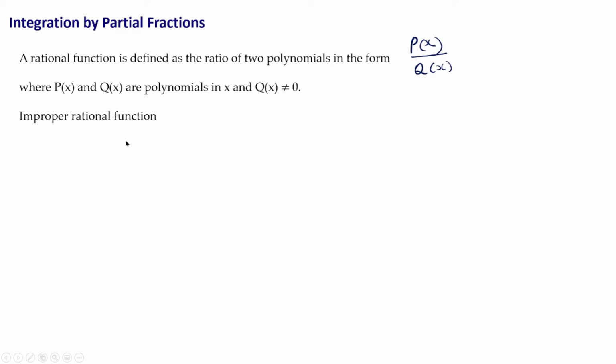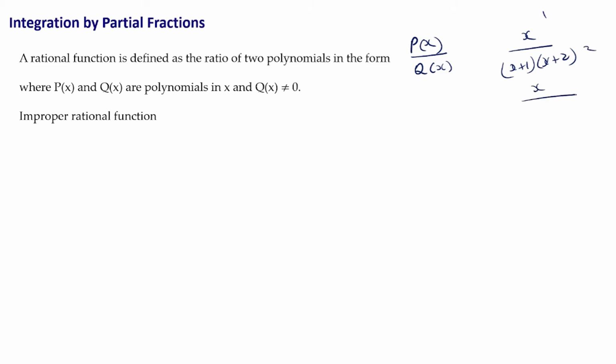One is the improper rational function and the other one is the proper rational function. If the rational function is a proper rational function, that is, if the degree of the numerator is less than the degree of the denominator, say we have x upon (x plus 1) into (x plus 2). Here the degree of the numerator is 1 and the degree of the denominator is 2.